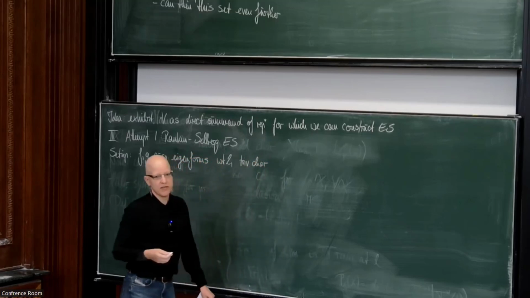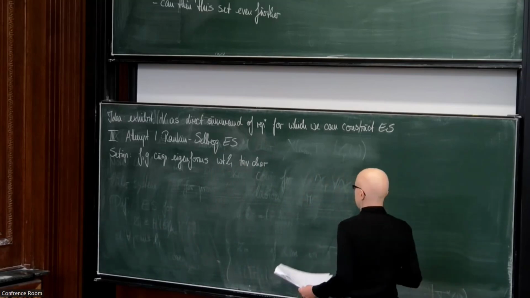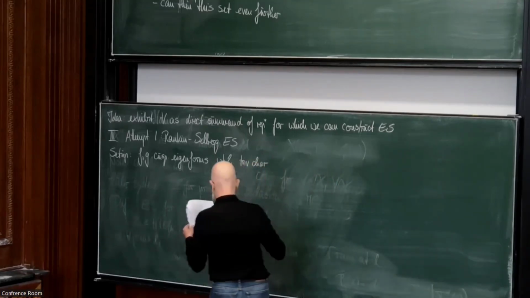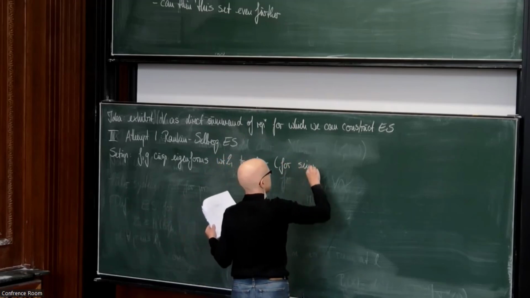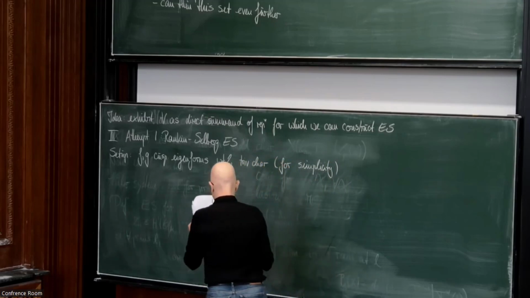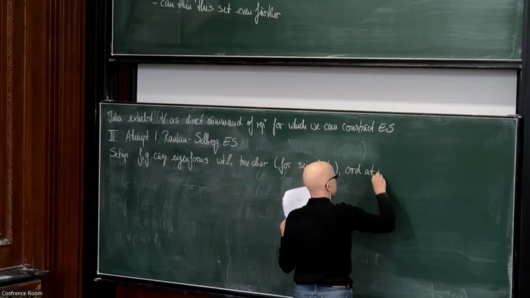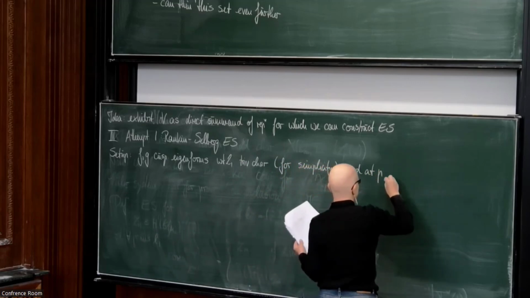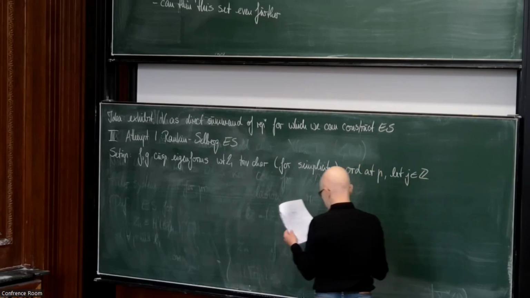But this is just for simplicity. In principle, F and G can have weight greater or equal to 2 and non-trivial character. So for simplicity, we assume that they are ordinary at p, and we let j be any integer.